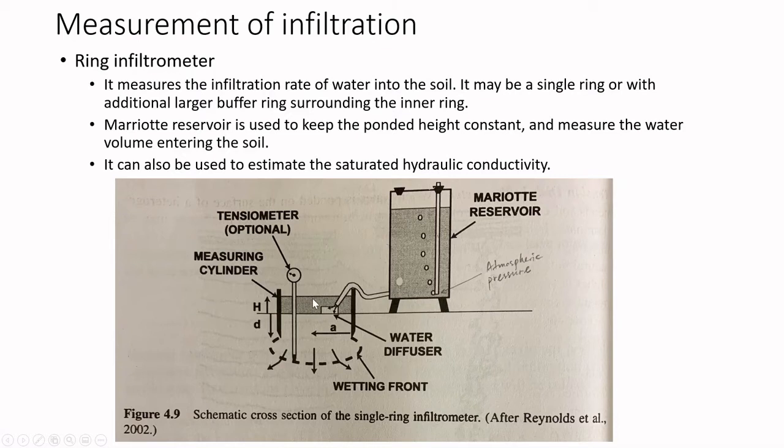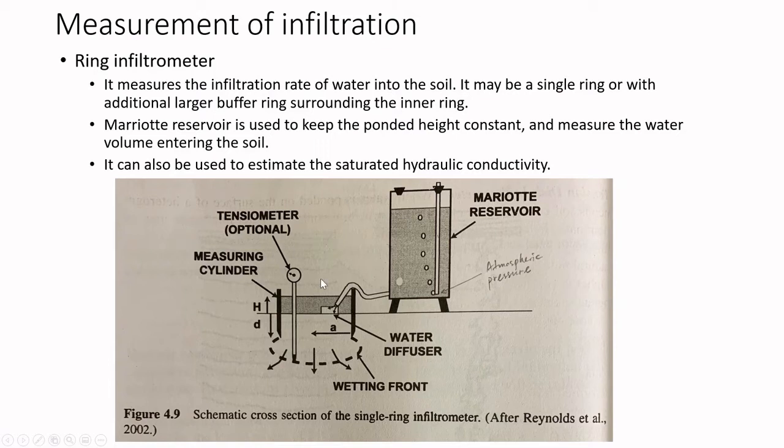We can keep this ponded height constant by using the Mariotte reservoir, and also to measure the water volume entering the soil. So this is the volume, and then you can have a measurement in liters of water. So as the water level drops, you will know how much water is actually entering here. And this tube is to keep the water level constant. Alright, and it can also be used to estimate the saturated hydraulic conductivity.